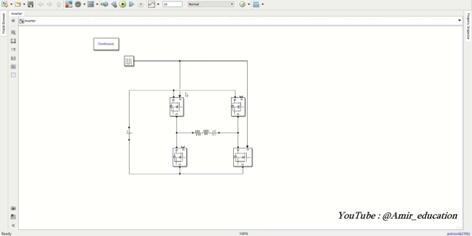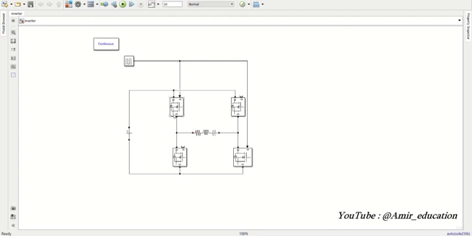As you know, the principle of inverting a DC wave to an AC wave is that by flowing our current in a cycle from this MOSFET to this and exit from this MOSFET, and at the other half of our cycle flow it from this MOSFET to this MOSFET.